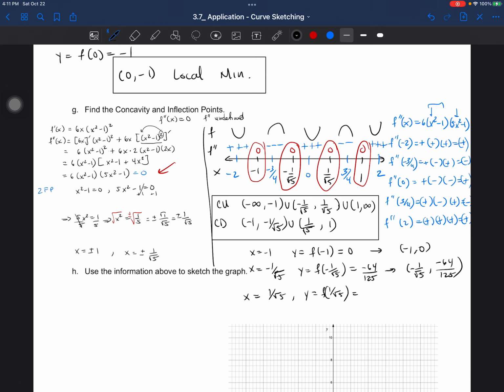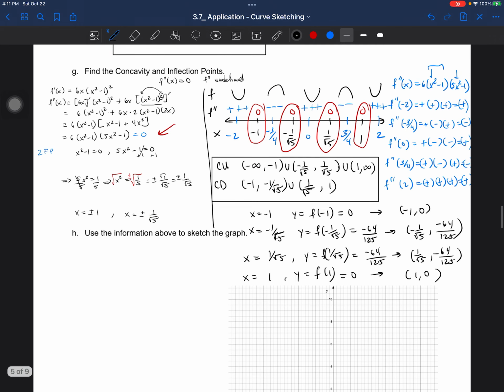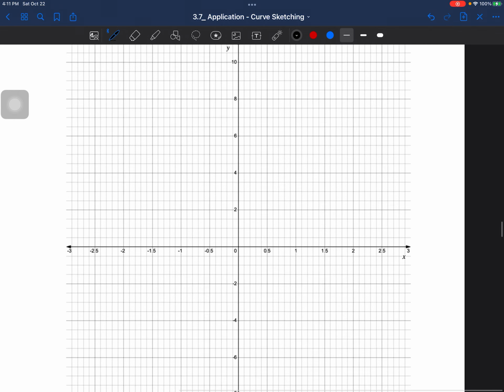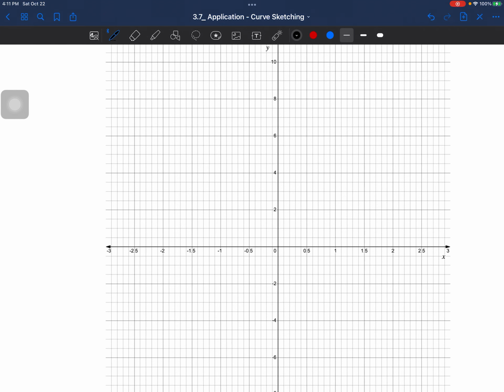And the same argument for x equals 1 over square root of 5. This will give us negative 64 over 125. And lastly, x equals 1. This will give us 0. Okay. All right, so we found all the information that we needed.